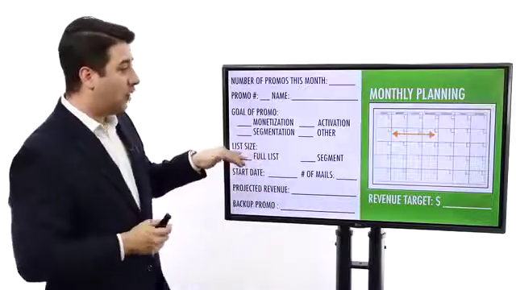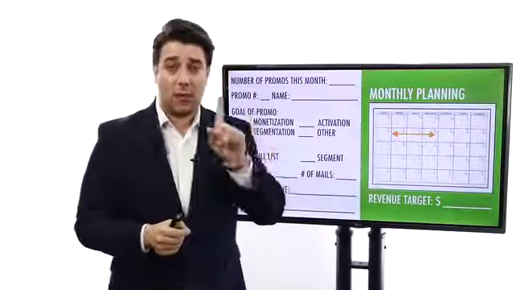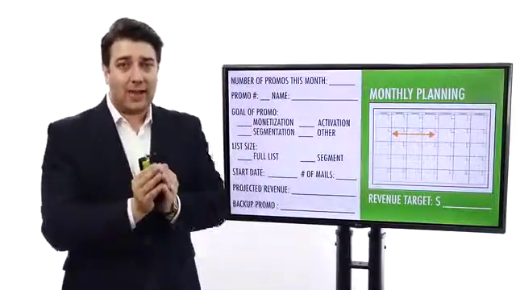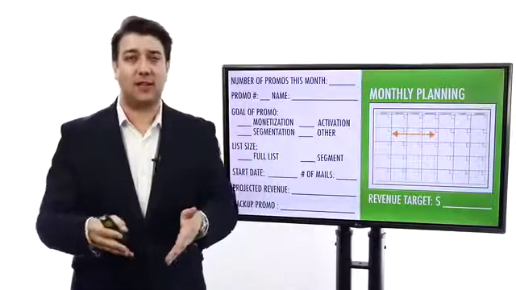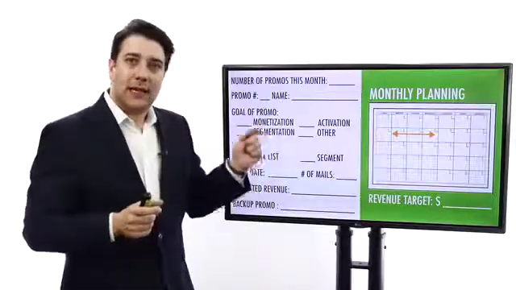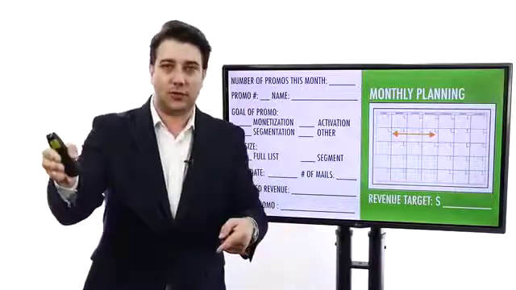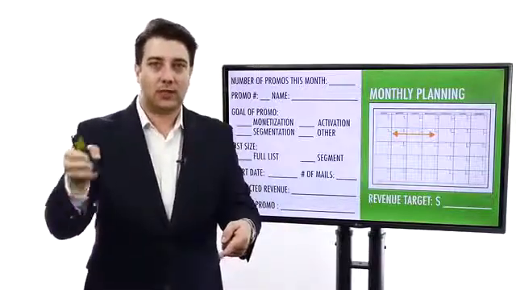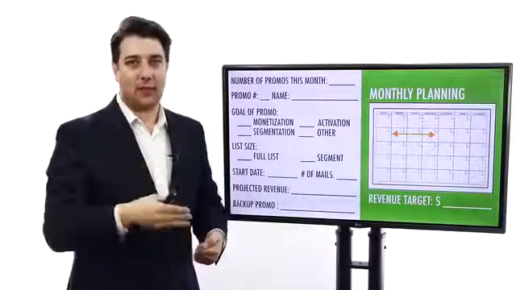And this will also determine how many promotions I have going this week. I may have 1 promotion because this is a big holiday promotion going to my entire database. Or this is a monetization campaign, really only relevant to people who have already purchased this product. It's the next logical step in the customer journey. So it's people who have purchased this product, gone through these triggered campaigns, and not responded.